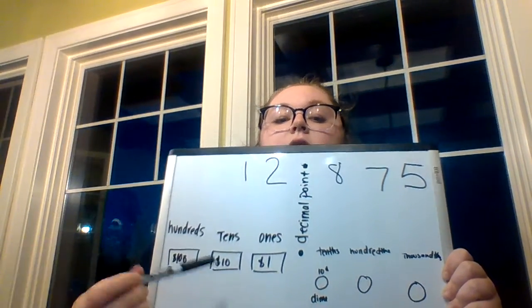So a lot of you might have some questions. Why do we compare decimal points and decimal numbers? Why is it so important to line up our numbers with our decimal point? It's because we compare numbers. We compare digits that have the same place values. So by lining the decimal points, we align the place values.